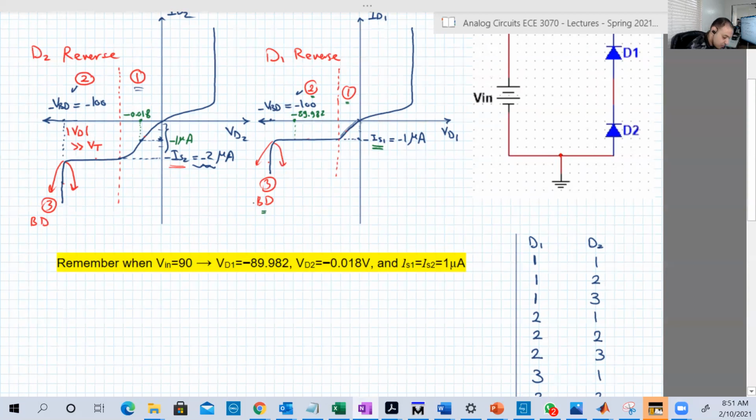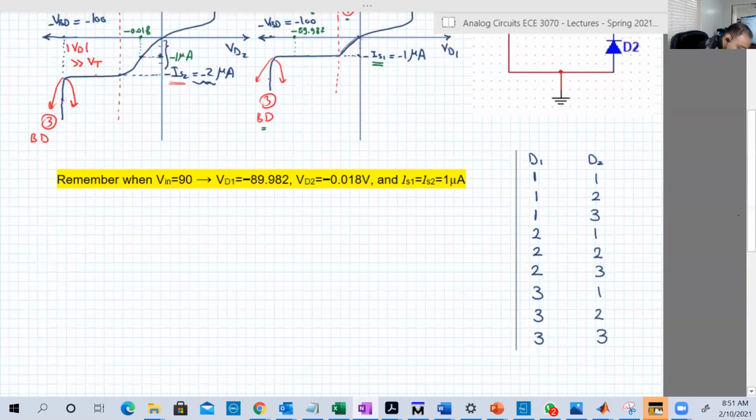And we make these combinations. We have two diodes, each diode has 3 possible regions of operation, so we have overall 9 possibilities, 9 combinations. These are all the combinations that we can have. There is no other possibility. This is our whole space.